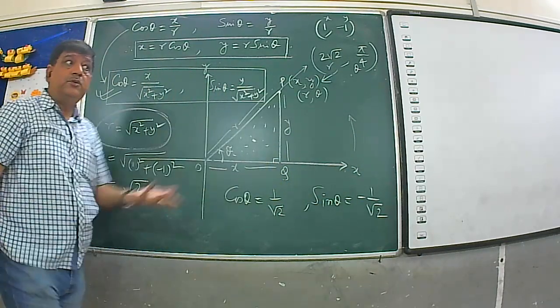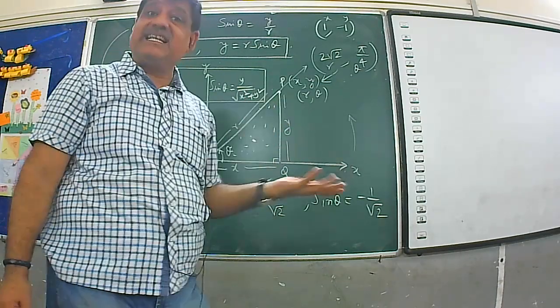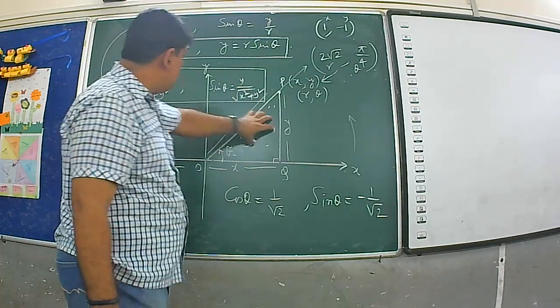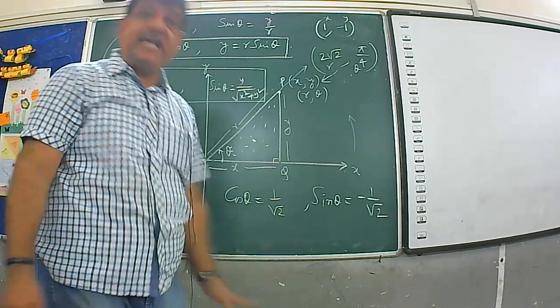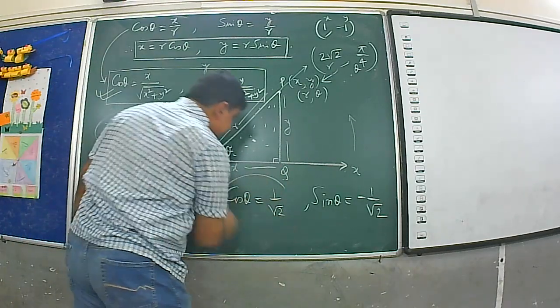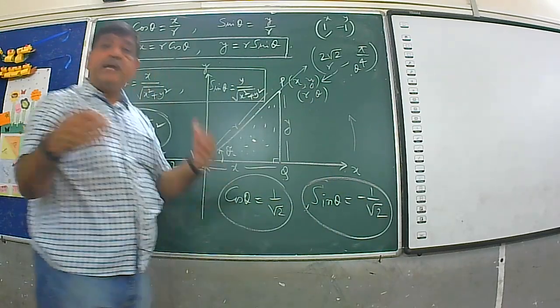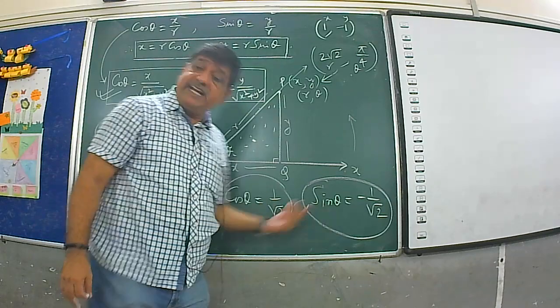Now you have to consider the add sugar to coffee rule, which was discussed in trigonometry. That rule you have to apply here. You see, cos theta is positive and sine theta is negative. In which quadrant does this hold, you have to find out.